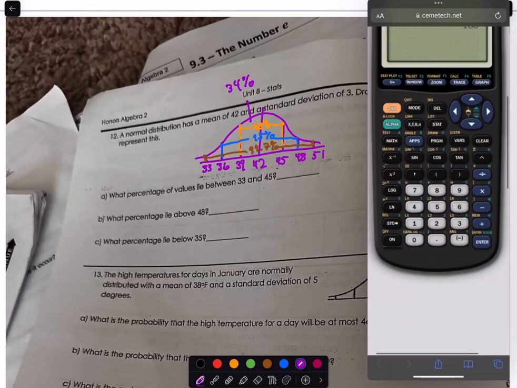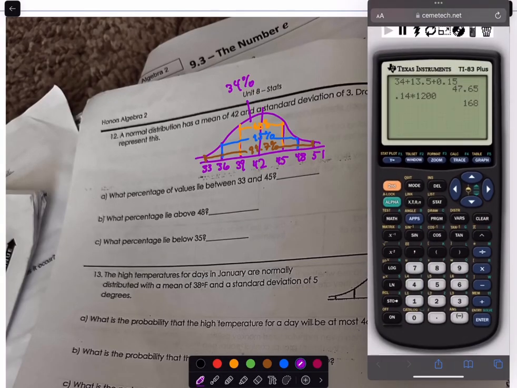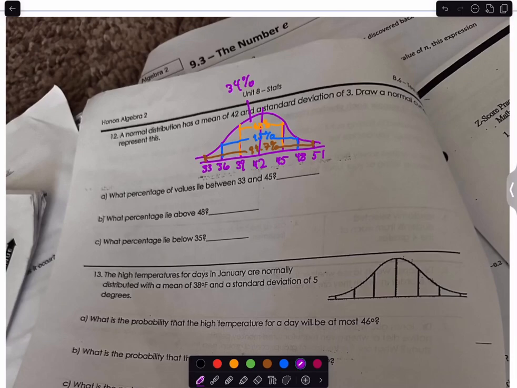I know we just did this. So 47.5 minus 34 is 13.5%, which is here.